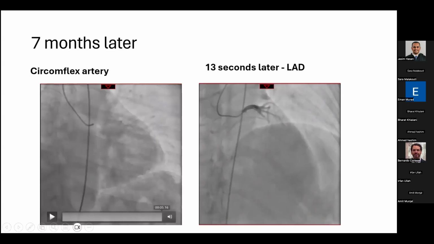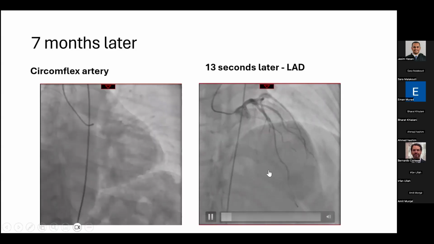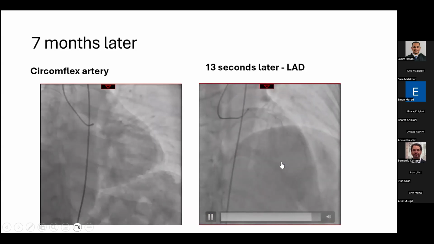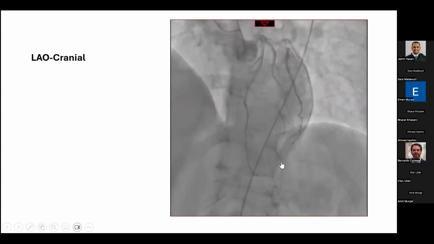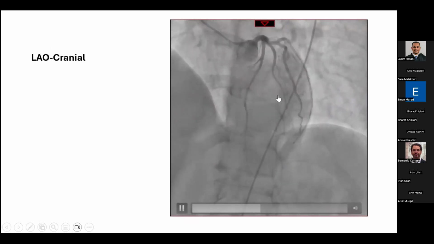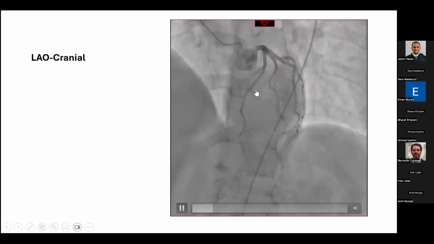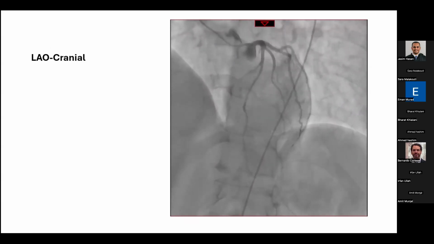You can see part of it is a little bit spasmodic, but it's not 70%. So we did the LAO cranial shot. Again, we had some suspicion at the beginning in the first shot, I thought, is it a bridge or not? But then we said, it's pretty normal. It doesn't fit the criteria.